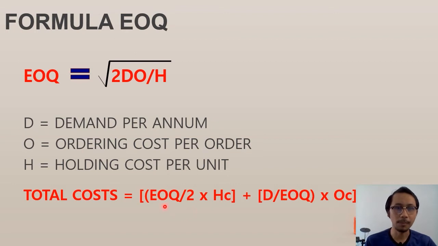The first part of the formula in the total cost will give you the total holding cost. The second part will give you the total ordering cost. We can substitute the EOQ with another term, the reorder quantity or ROQ.